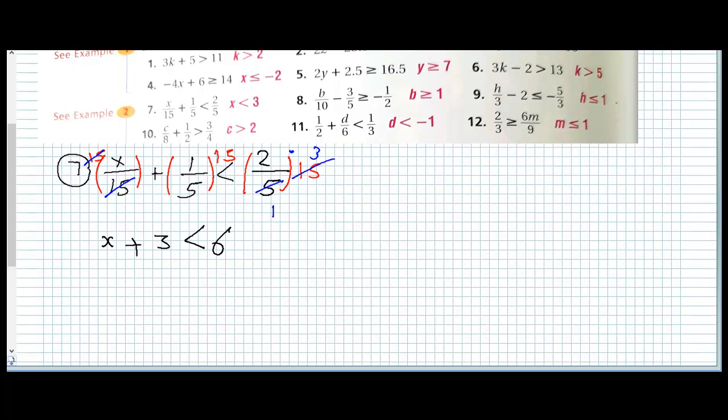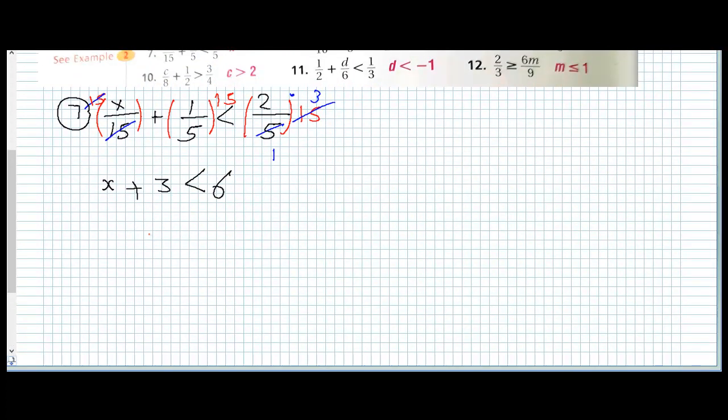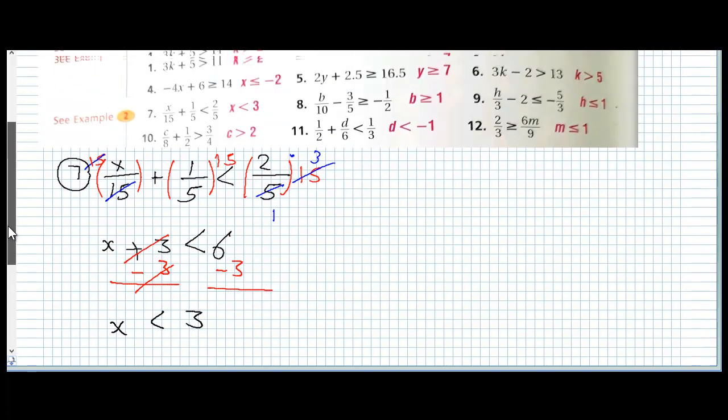Now it became a normal inequality, so let's solve it. I have plus 3 here, so I will subtract 3 from both sides. This will go out with this one, remaining is x smaller than 6 minus 3, which is 3. Let's draw.